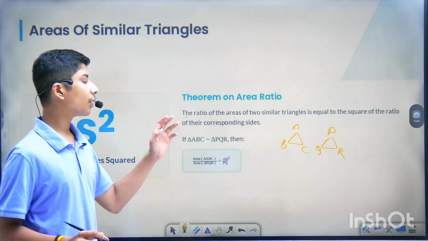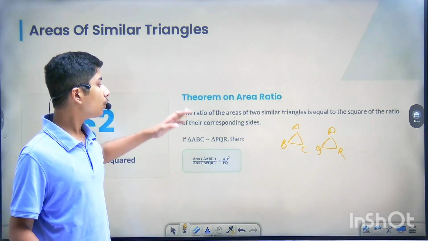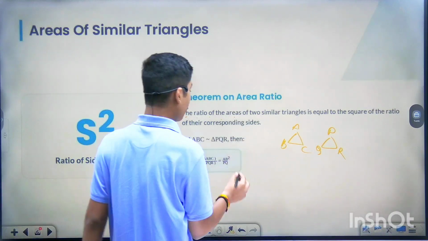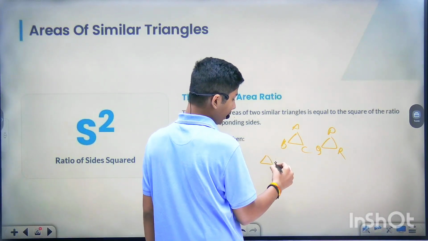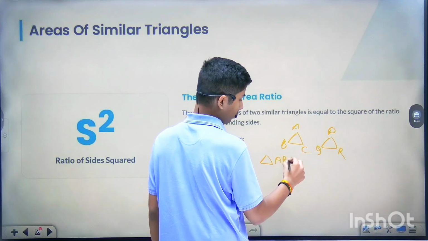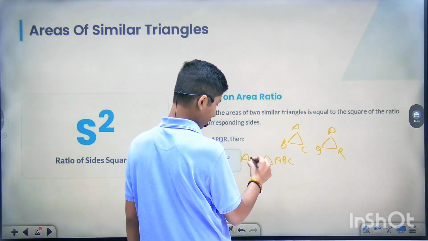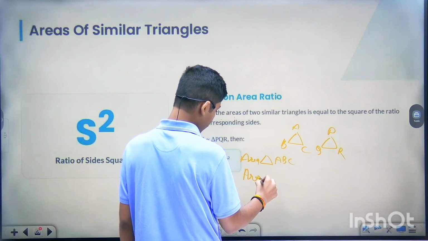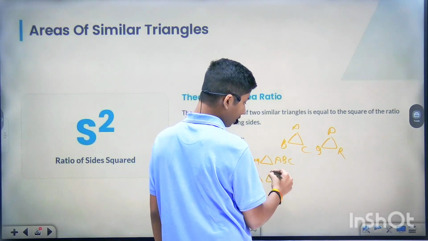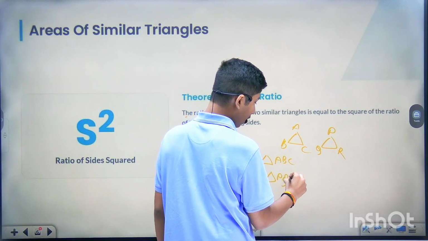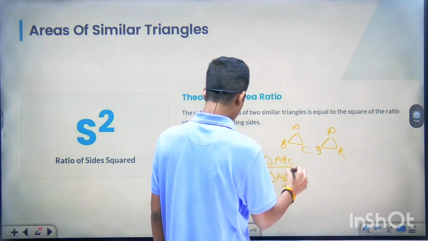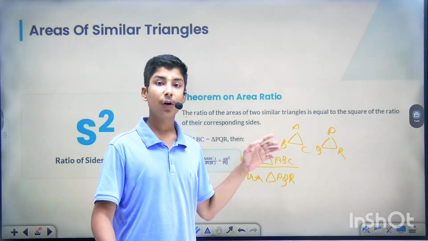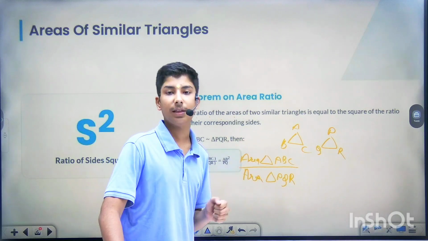If these two triangles are similar, then the ratio of the area of triangle ABC upon the area of triangle PQR will be equal to the ratio of the squares of any two corresponding sides.